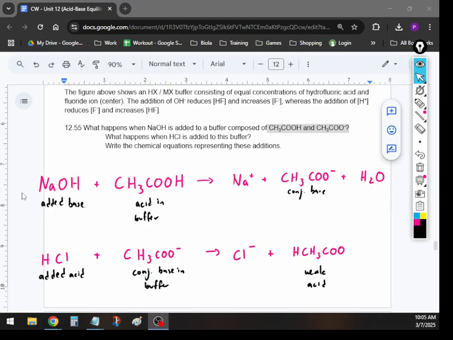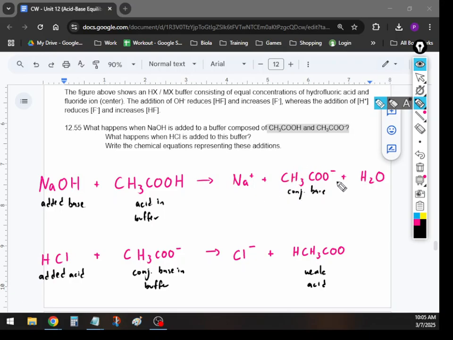Okay, so let's start with the base. Our added base is NaOH, and the added base is going to react with the acid in the buffer, right? Because acids and bases react. The first thing it's going to form is your cation, Na+.